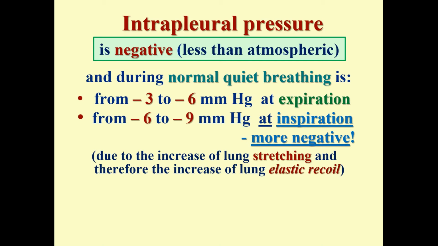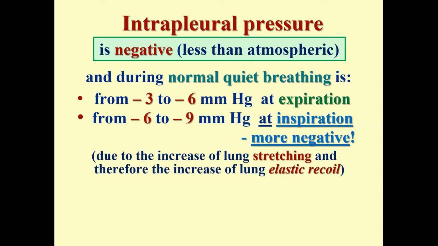Lung tissue is elastic, and just as a stretched spring produces a stronger force directed back, opposing stretching, the lung tissue also produces opposition to stretching, and this force is called elastic recoil. So this elastic recoil is directly proportional to the degree of stretching.